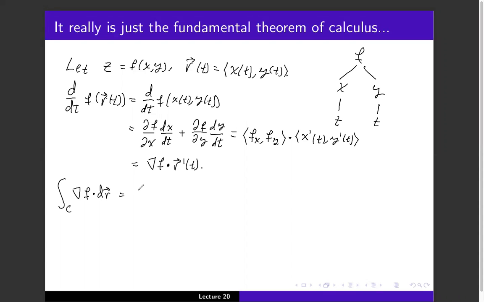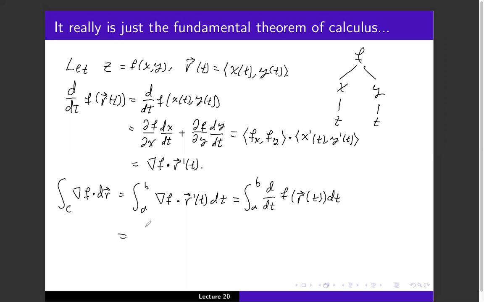Applying our regular formula to that, that's the integral from a to b of the gradient of f dotted with r'(t) dt, which in this case is the same thing as the integral from a to b of the derivative of f(r(t)) dt.